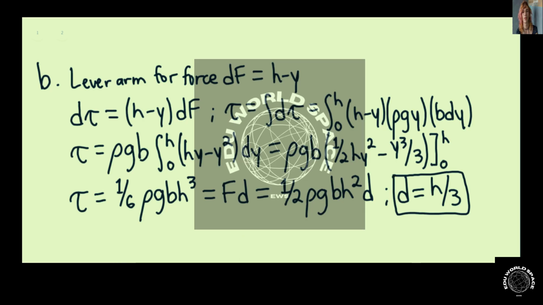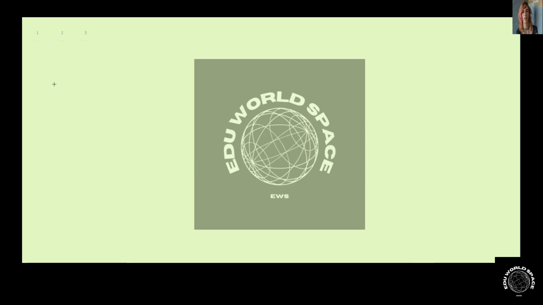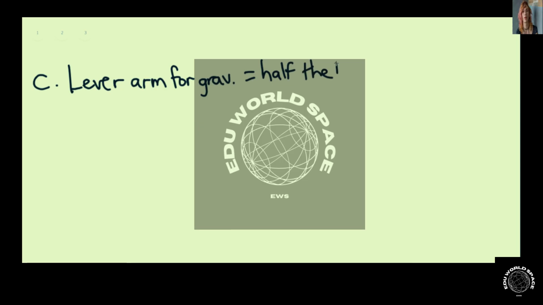Now, to part C, we have to prevent overturning. So in order to prevent overturning, the torque due to gravity about the lower right front corner in the diagram must be at least as great in magnitude as the torque caused by the water itself. We know that the lever arm for gravity is half of the thickness of the dam.